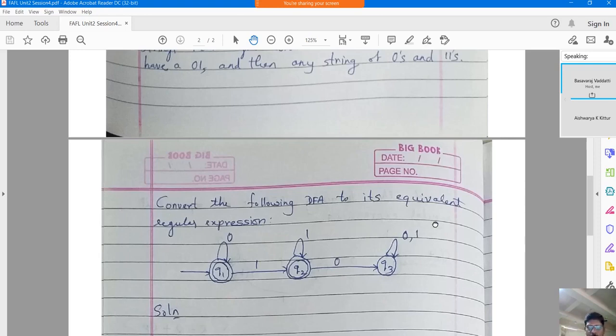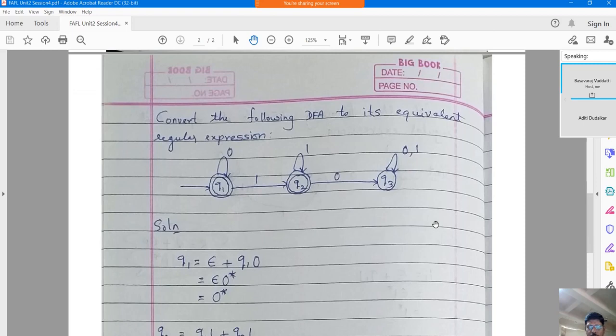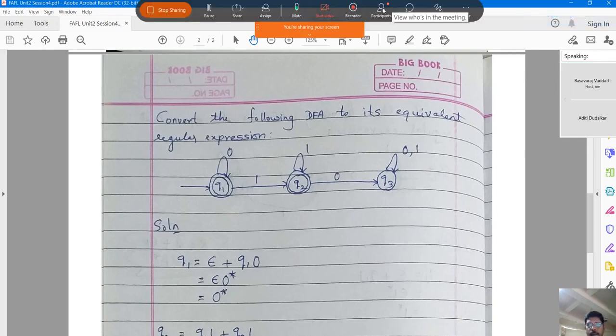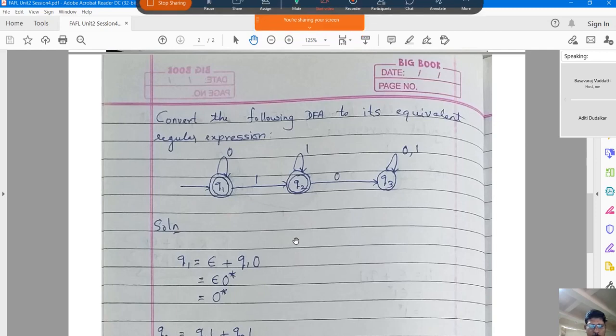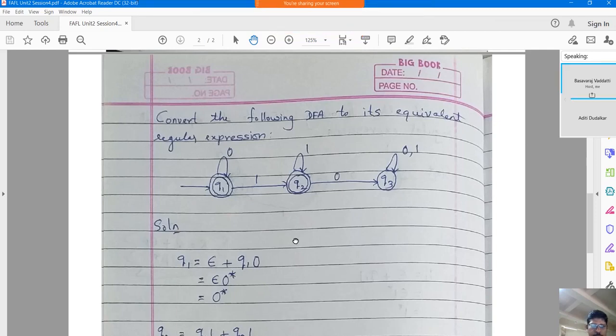Before that, each one of you try to write regular expressions for the three states, Q1, Q2 and Q3. Let us write the formula for Q1, Q2 and Q3. Come to Q1. The Q1 formula is epsilon plus Q1 0.